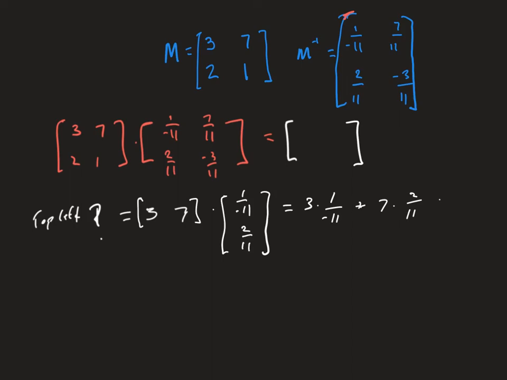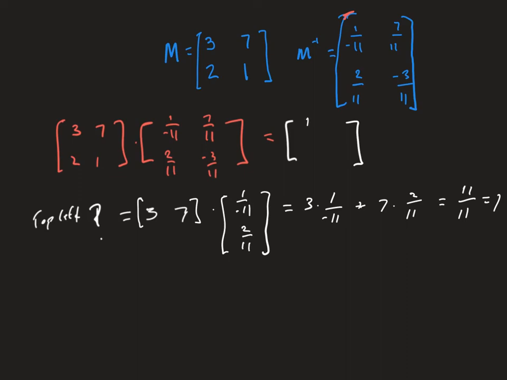We multiply those out and we add. We get 3 over 11 plus 14 over 11. That's just going to give us 11 over 11, which we also know is 1. So the first entry equals 1.